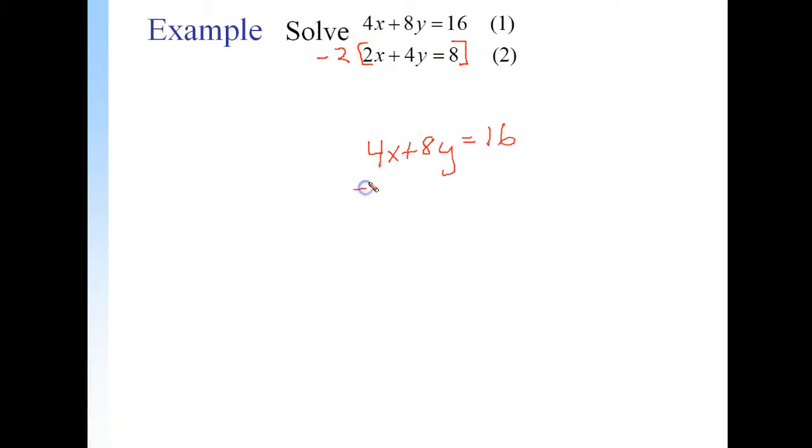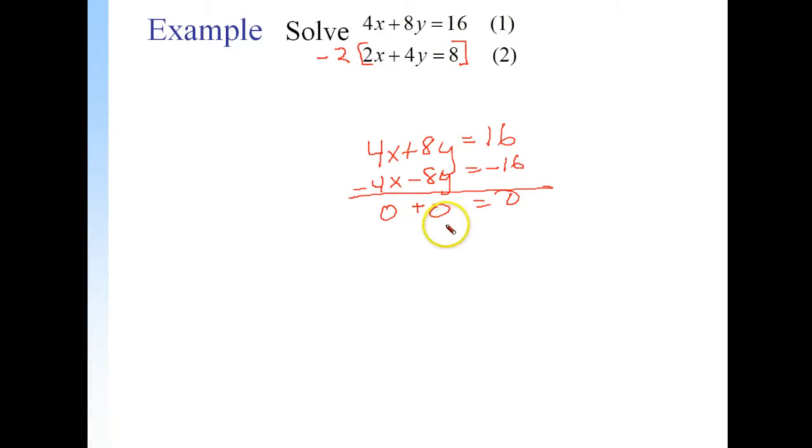This becomes a negative 4x. This becomes a negative 8y. And this becomes a negative 16. And if I add these up, I get 0, 0, 0. Now, everything canceled out. Why? Because as we said before, these are the same equations.